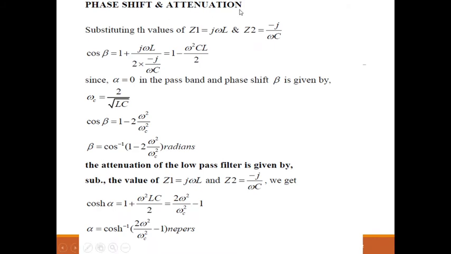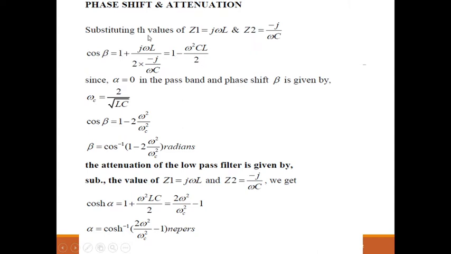Similarly, the phase shift constant is normally denoted as beta, and the attenuation constant is denoted as alpha. So we substitute the Z1 and Z2 values in the phase shift constant equations; these equations of the T model we already derived in the last unit. So cos beta should be equal to 1 plus Z1 divided by 2 Z2.